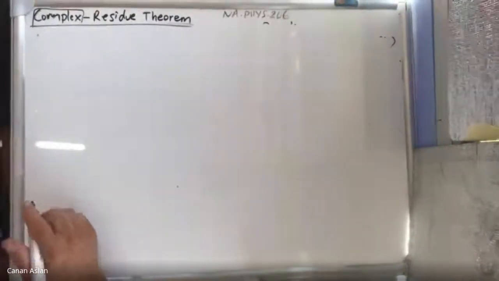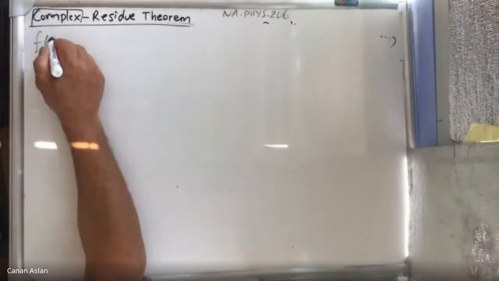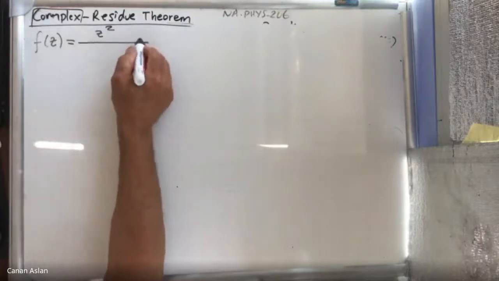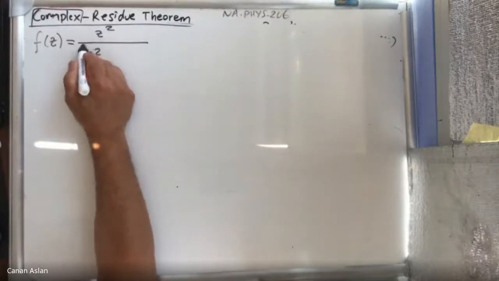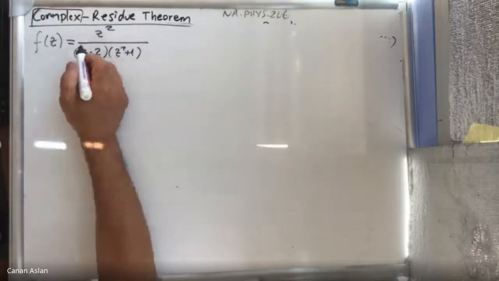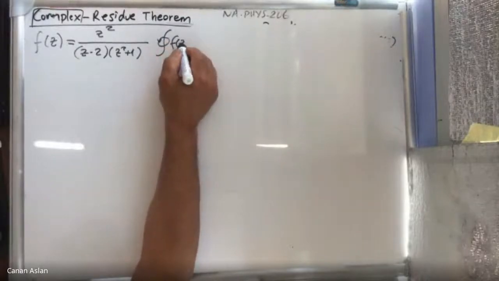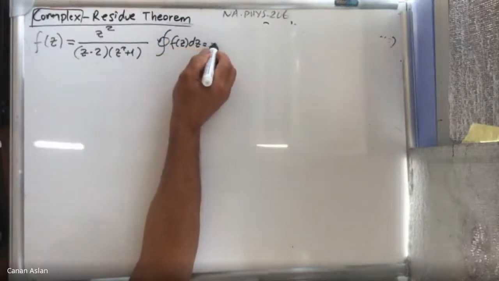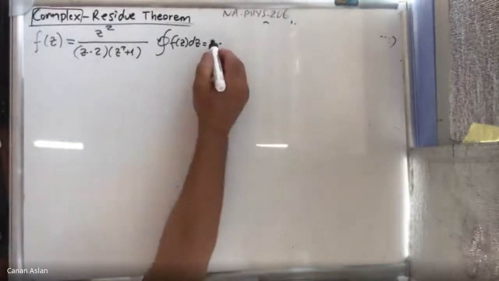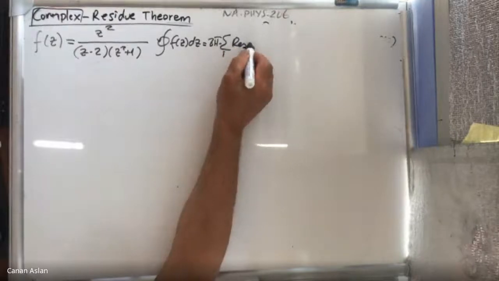So in the next example, we would like to get the residue of this function. f(z) is given as z² divided by (z - 2)(z² + 1). After finding this, of course, we can calculate the integral, which is 2πi times the total residue.